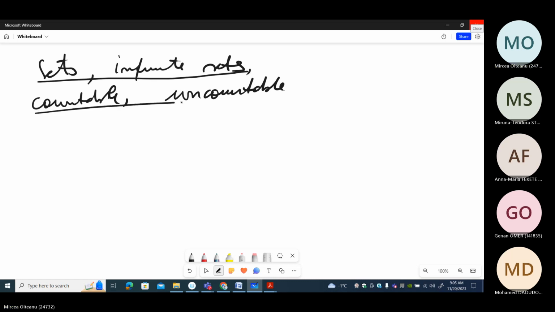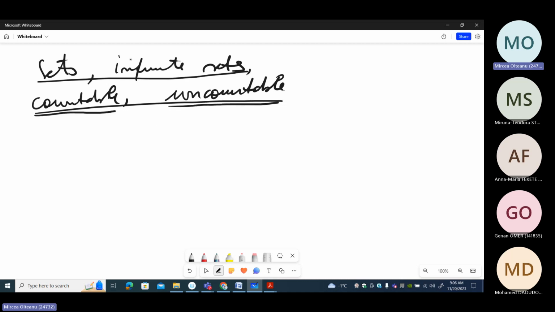You have rather self-contained material on both the Moodle platform and Microsoft Teams about infinite sets, and so we shall focus mainly on what countable and uncountable mean.